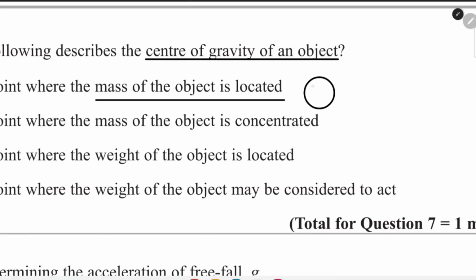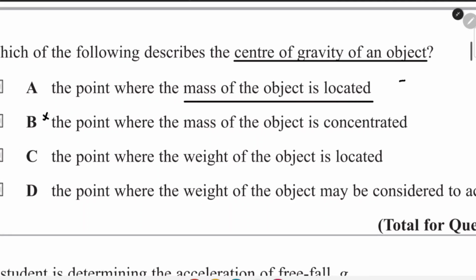So if it's a ball, it's not like nothing on the surface has a mass and then you have everything in the center. That's not the case. So option B is wrong as well. It's not located there either. We can only consider it to act from there.